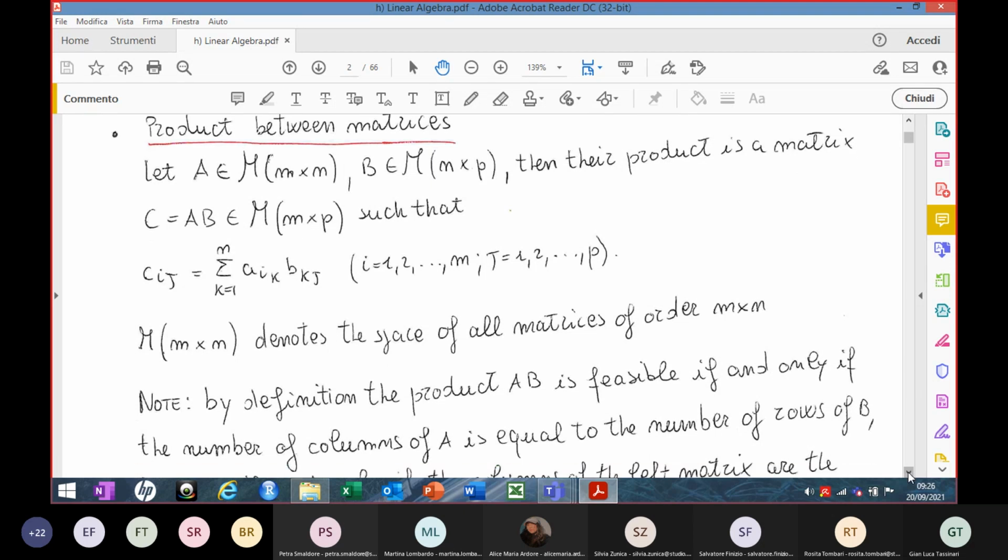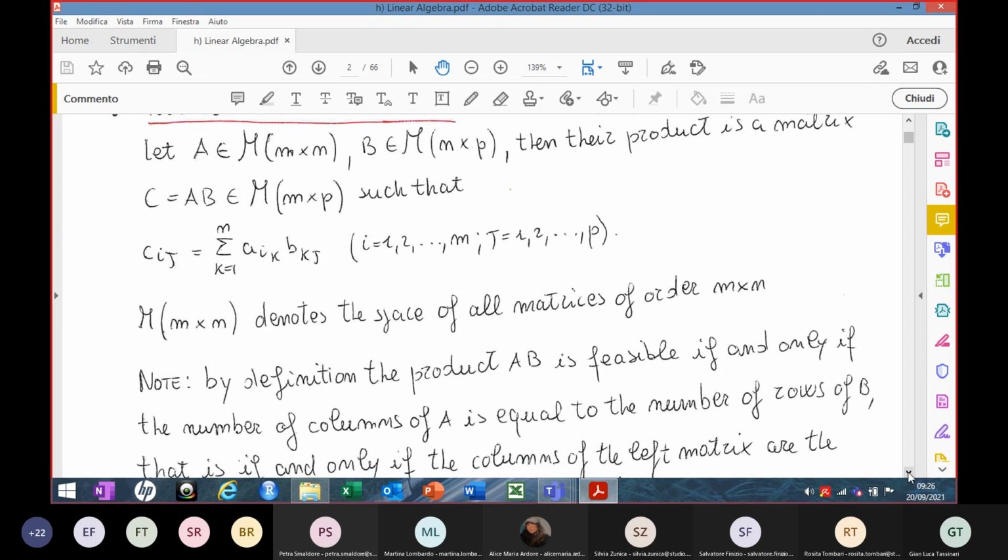For a moment, what I want you to remember is that you can do the product if and only if this number is equal to this one, and the result is the matrix of dimension m times p. And an important observation is the following.